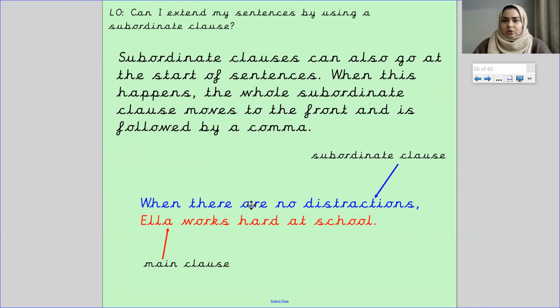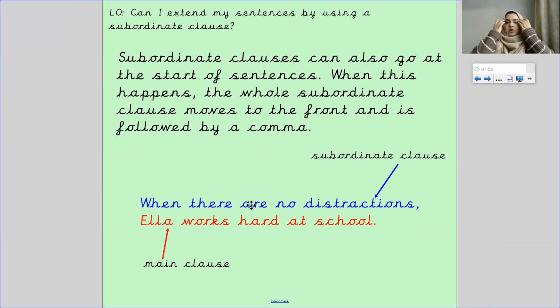Subordinate clauses can also go at the start of sentences. When this happens, the whole subordinate clause moves to the front and is followed by a comma. Even if they are used at the start of a sentence, they still make no sense by themselves.